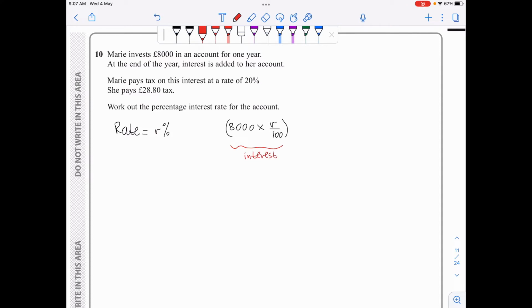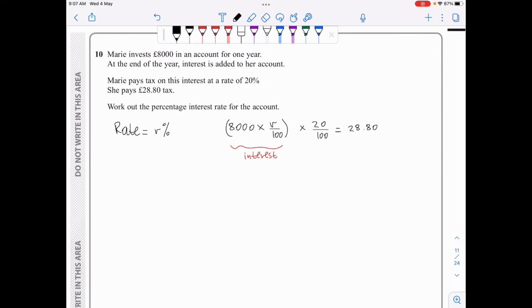And on the total interest, she's paying 20% of that in tax. So if I multiply this by 20 over 100, that will be the tax paid, which we've been given to be 28.80. Now, obviously it's a simple equation in one unknown R. I'm going to do 8,000 times 1 over 100 times 20 over 100.